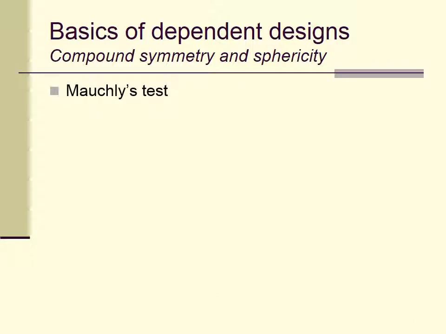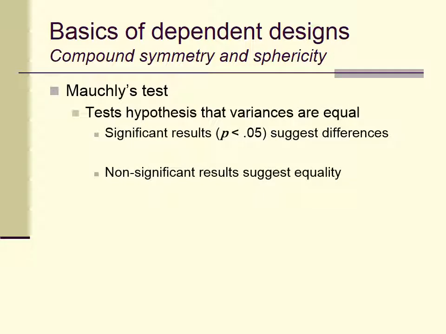However, if you're working in SPSS, or probably in other stats programs as well, you automatically get Mauchly's test of sphericity. What Mauchly's test does is it tests the hypothesis that the variances of those differences are all equal.